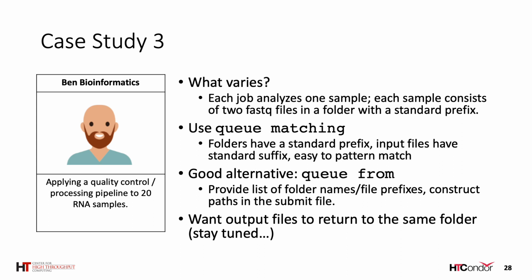Because of this, Q matching would be a good option for him if his folders and input files have standard prefixes or suffixes. It's easy to pattern match. A good alternative, if he wants a bit more control and wants to be able to construct maybe paths out of the folder and file names, would be to use Q from and provide those values in a list.